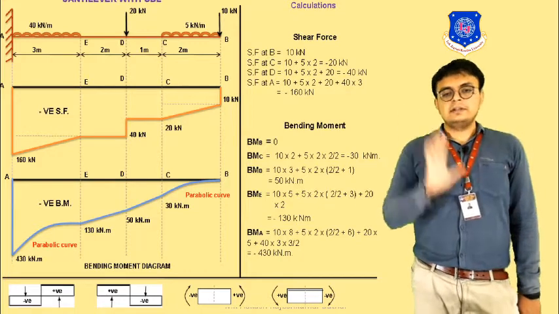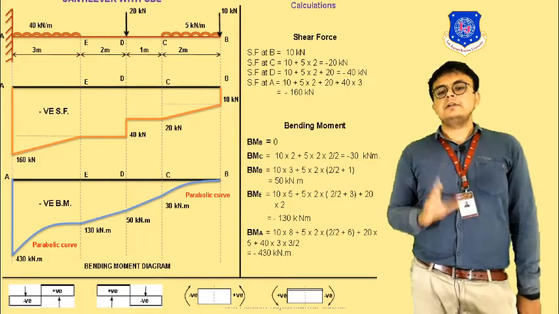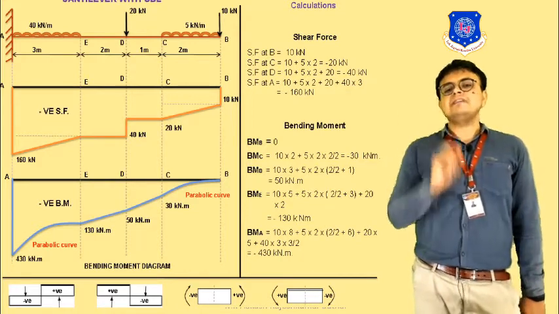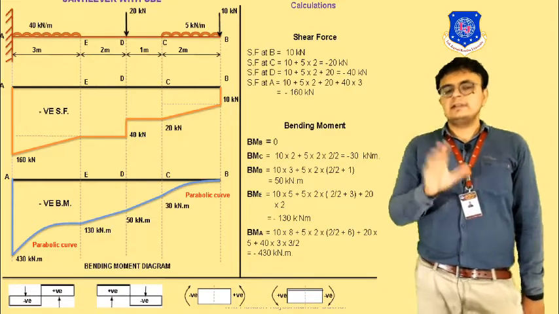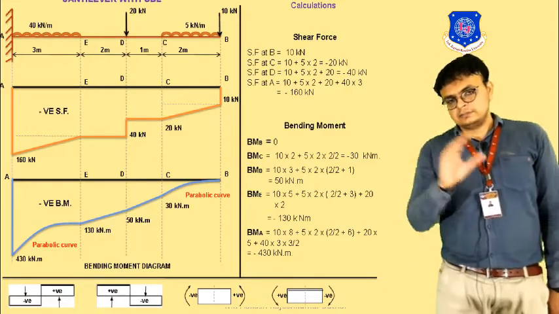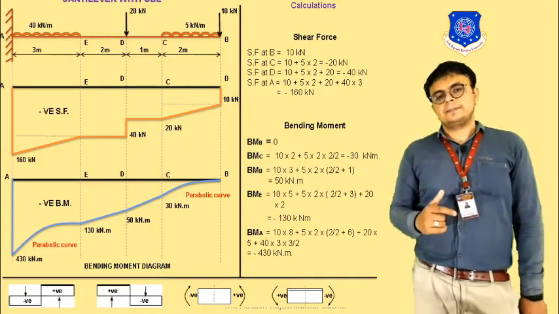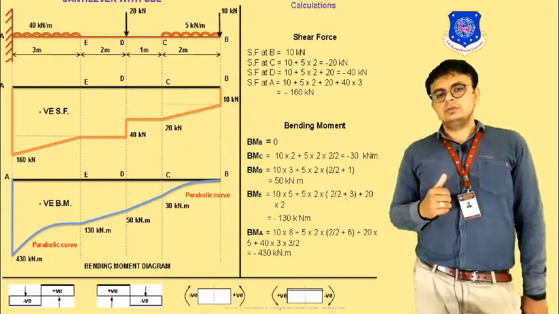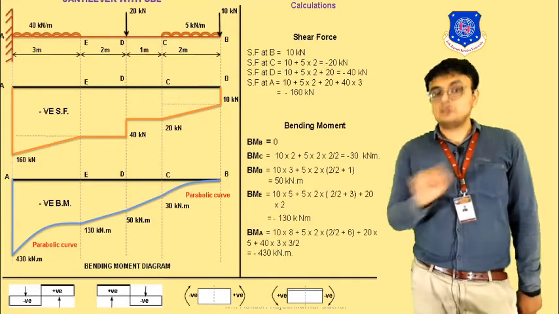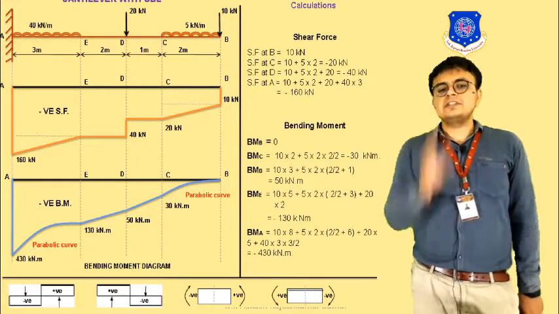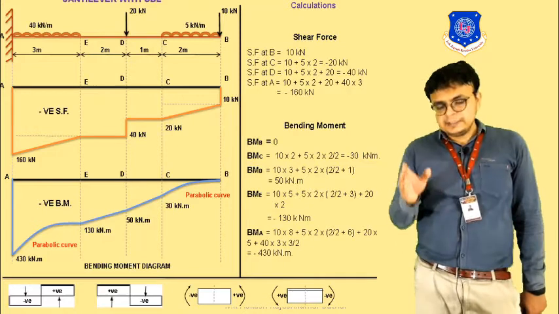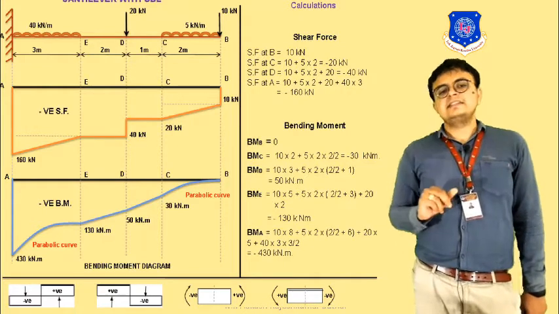So we have done the bending moment of the point load. Now it is time for the UDL. So 5 into 2, we are converting that UDL into a point load. So 5 into 2 into 2 by 2 plus 1, which is half the distance of CB plus the DC distance.